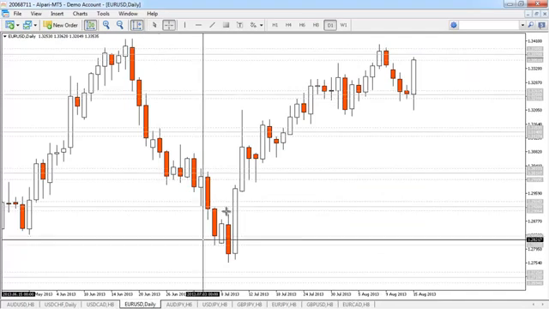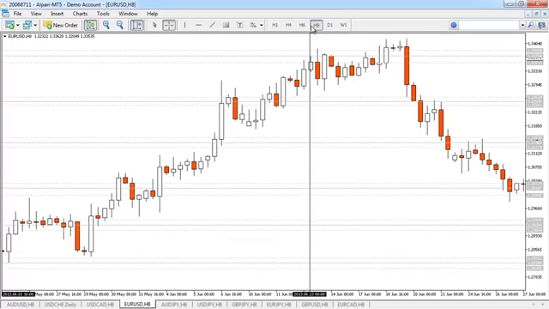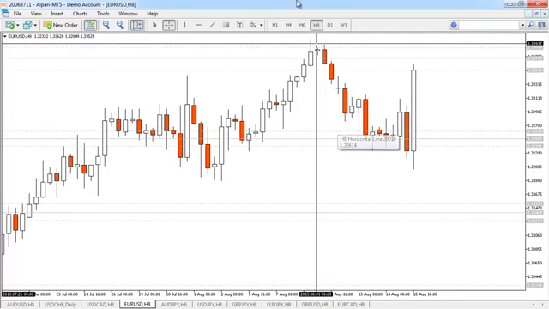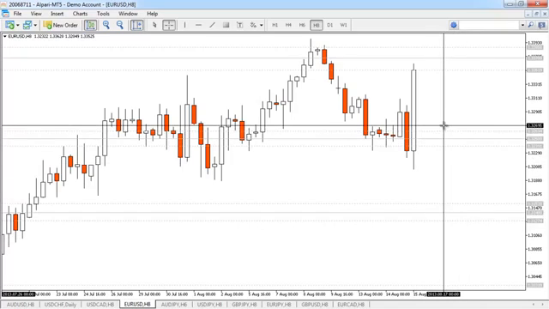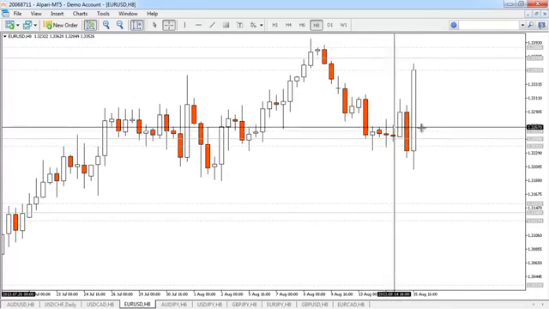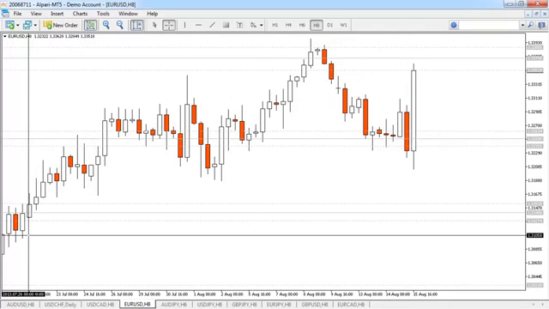Let me show you the Euro USD trade from this week, because some people traded this Euro USD trade on the 8-hour. So they did it a little differently to what I showed you guys on the daily chart. You can see there's several indecision candles. Let me highlight this.